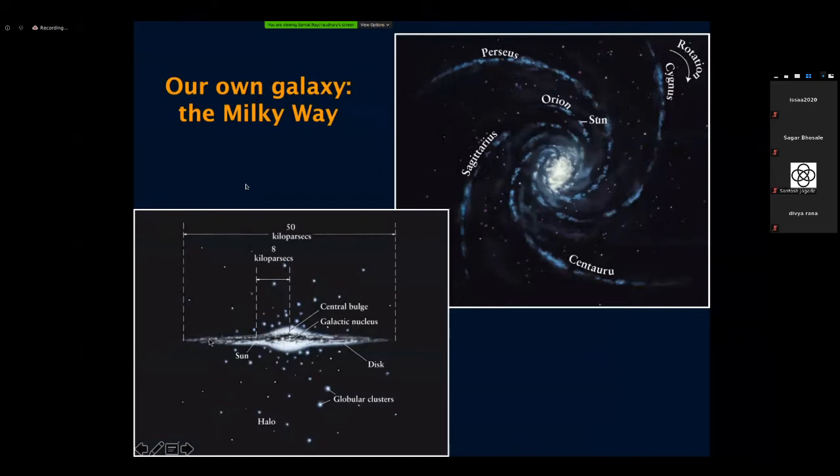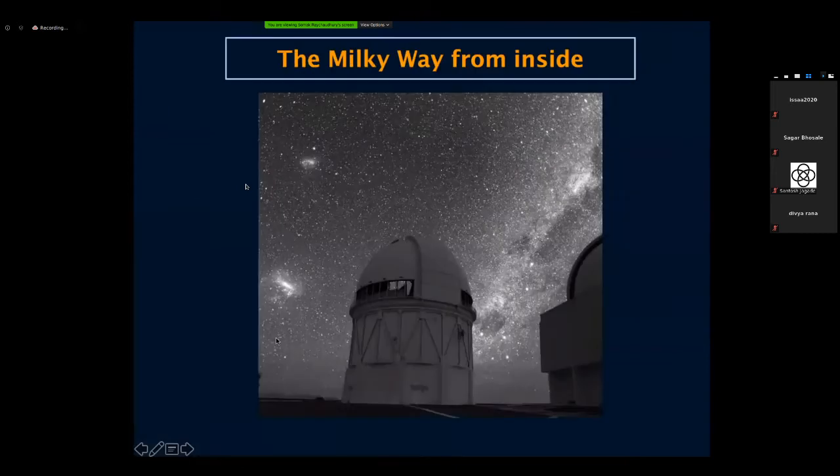You can see that the black stuff in the disk of the galaxy is dust that absorbs light. That's dust left over from the formation of stars, dust from which nothing has formed. It's always there, and often it's associated with star formation. This is the dust that you see.